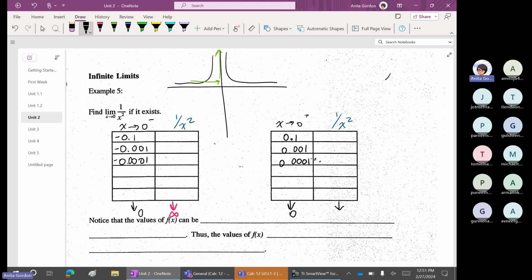This is going to do exactly the same thing, off to infinity, right? Because these negative numbers are all getting squared, so they're going to be positive. So the positive numbers squared are going to give you the same result. So as we are approaching 0, our graph from the left and right is going off to infinity.